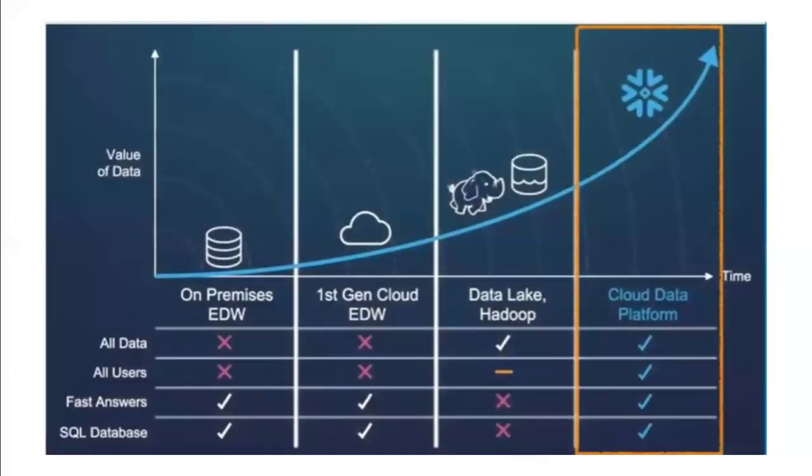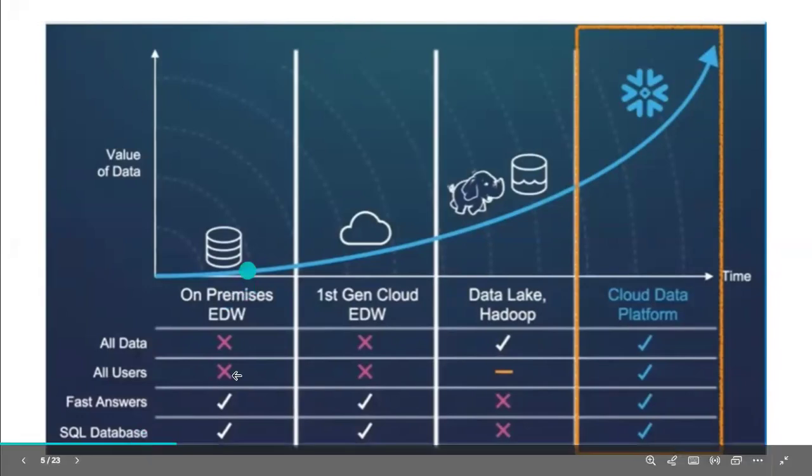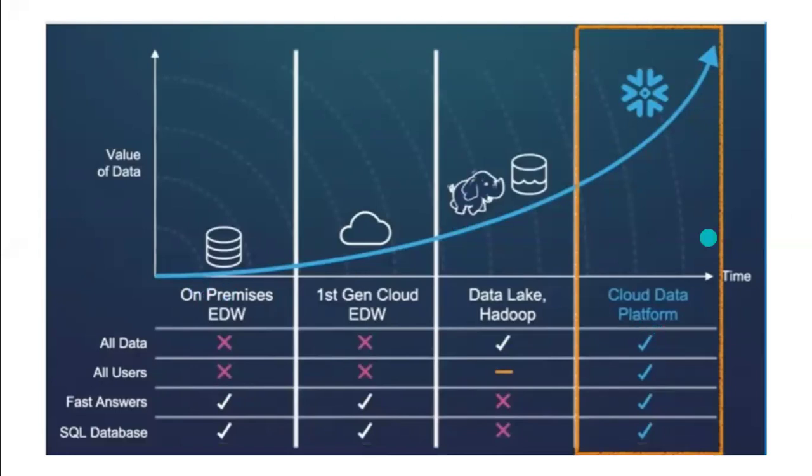So this is a graph I've provided to understand how databases or data warehouses are evolving over a period of time. Initially, assume this is 1990, this is 2000, 2010, and then this you can consider as 2020.